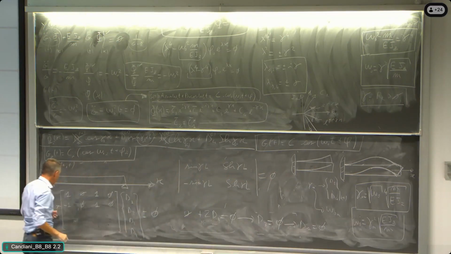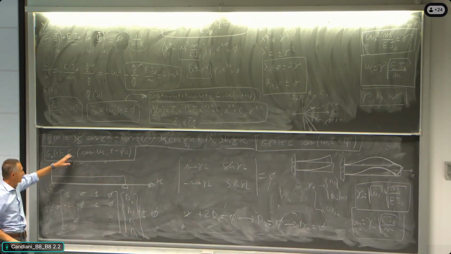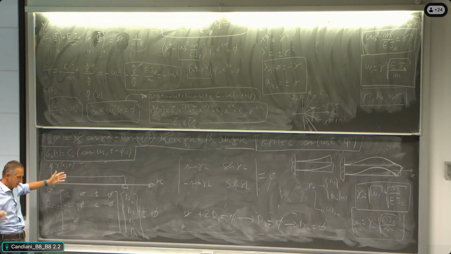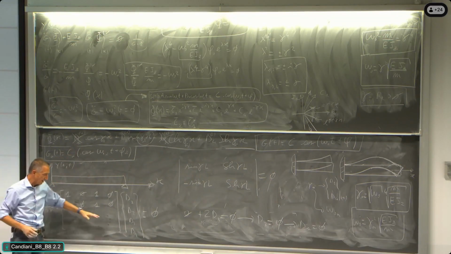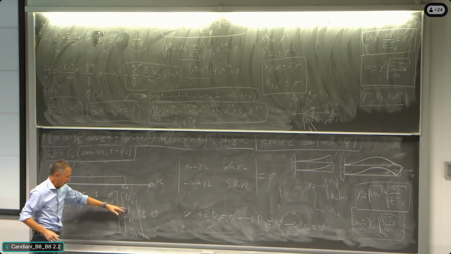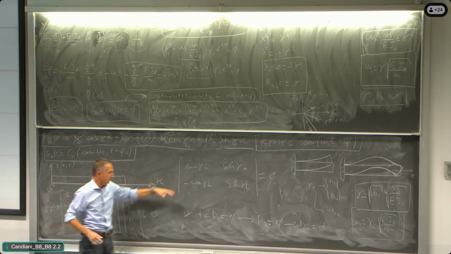So the problem now is collapsing into rank 2. The unknowns are D2 and D4. All right, we do like that.